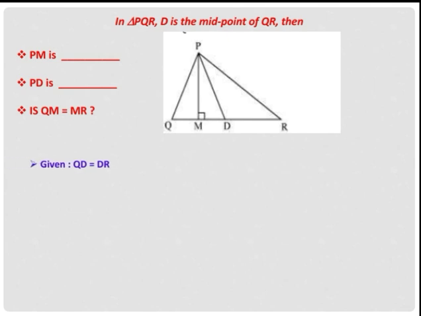Here we can say that QD is equal to DR. So PM is the altitude and PD is the median. PD is the median because QD is equal to DR. No, here QM is not equal to MR because D is the midpoint of QR.